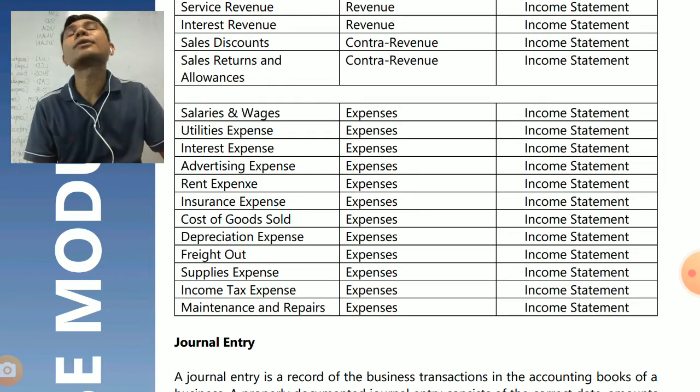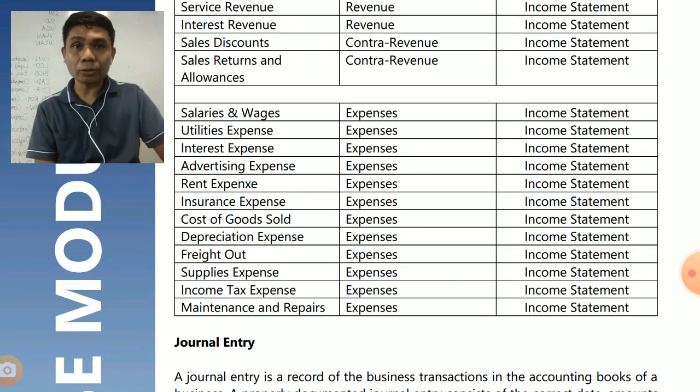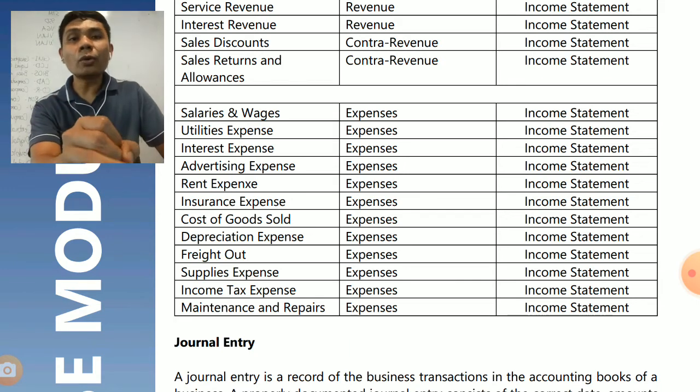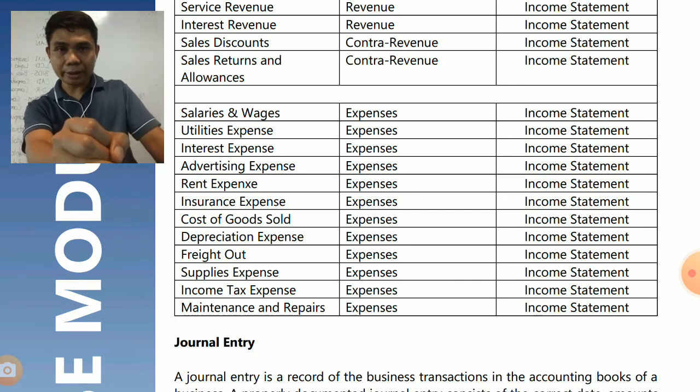Interest expense, kung nagbayad ka og interest sa imong giutang nga kwarta. Advertising expense, kung nagbayad ka para sa advertising. Rent expense, nagbayad ka og rent. Insurance expense, nagbayad ka og insurance, especially sa imong empleyado o sa business mismo nga insurance.